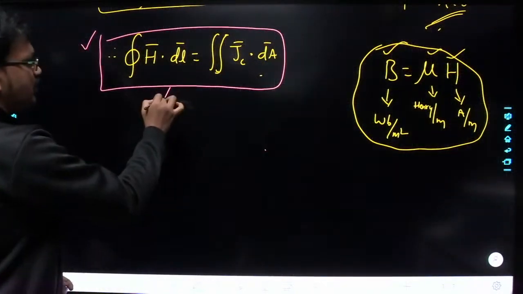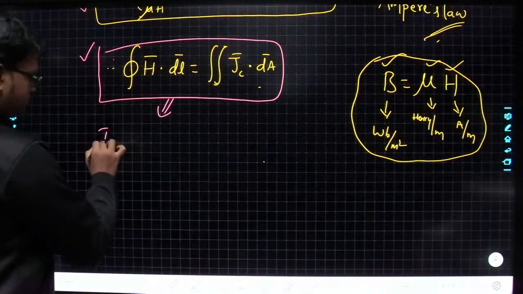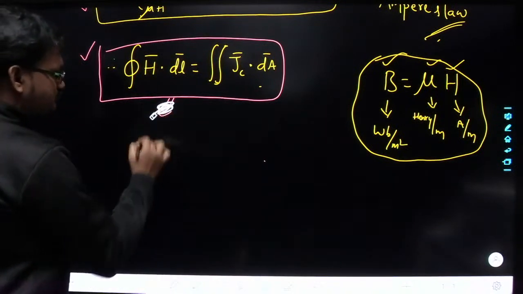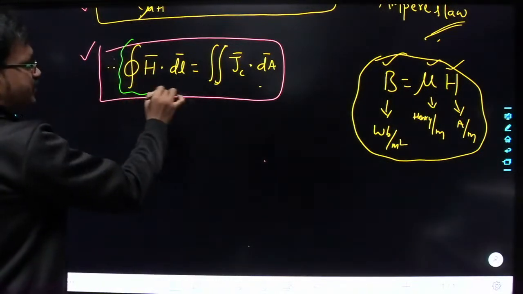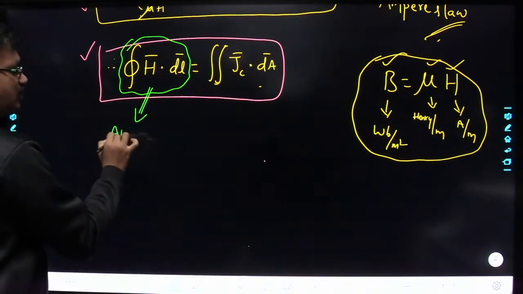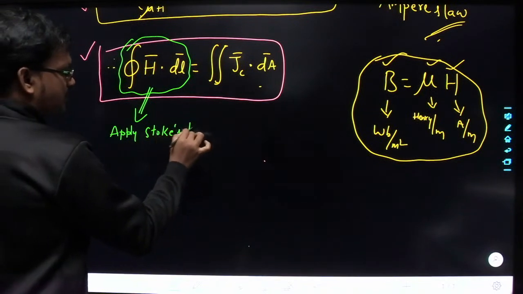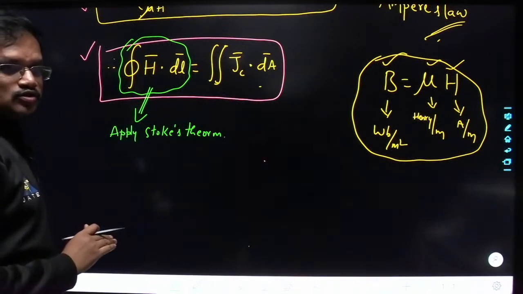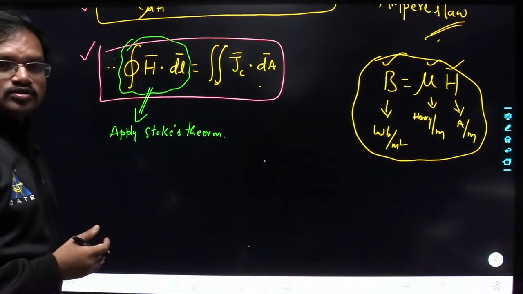Now let us consider this LHS side, the circulation of H bar dot dl bar. For this LHS side, if I apply Stokes theorem, I can represent this closed loop line integral as a surface integral.